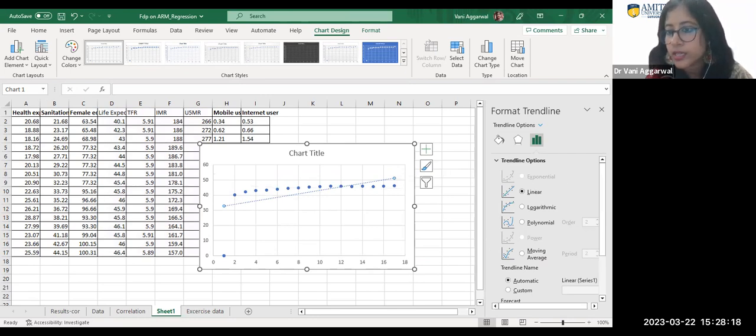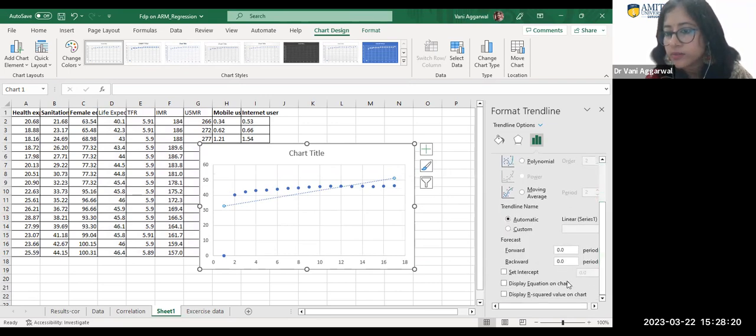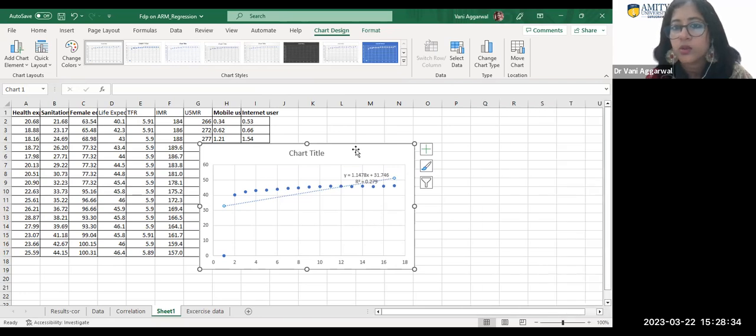Click on linear, then click on display equation on chart and display R squared value on chart. Then close it. Now you have the regression equation and R square. What is R square? You should know.